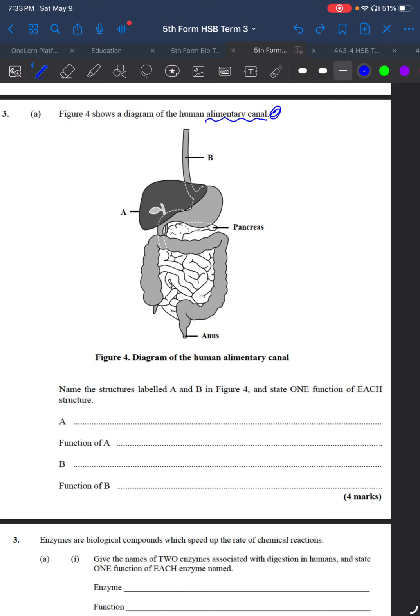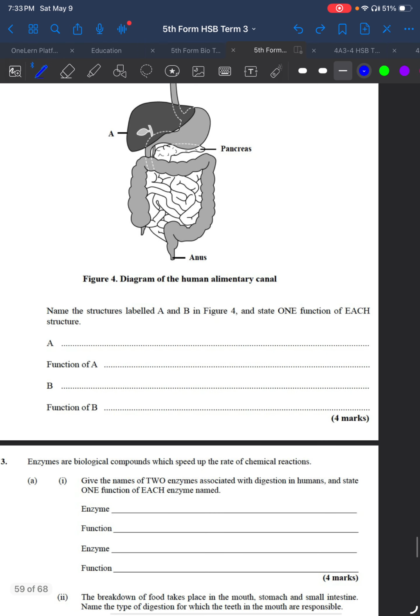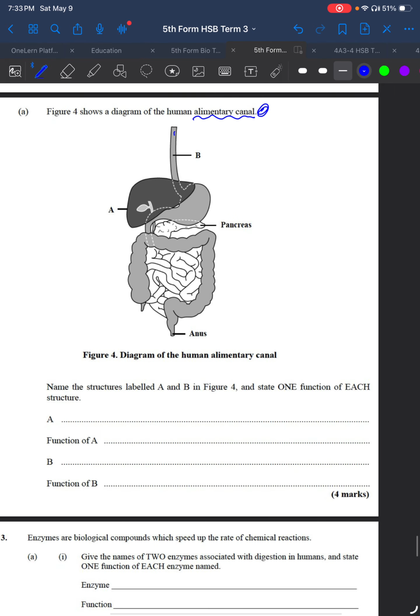as well as help with assimilation of the products of digestion, in terms of storing extra glucose or breaking down extra amino acids to form urea. And then with B, the esophagus, we know that that helps with passing the food from the back of the throat or the mouth to the stomach.